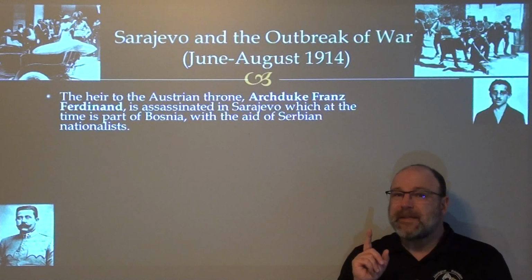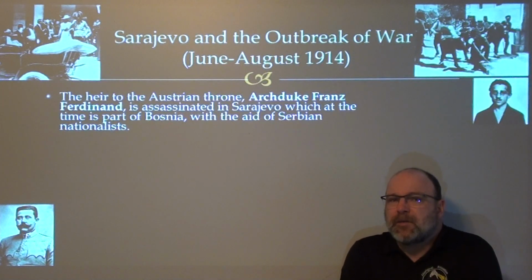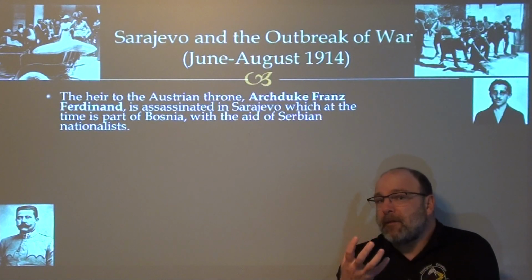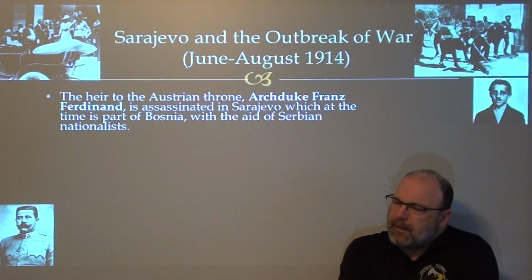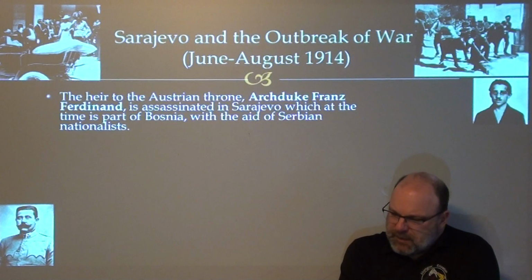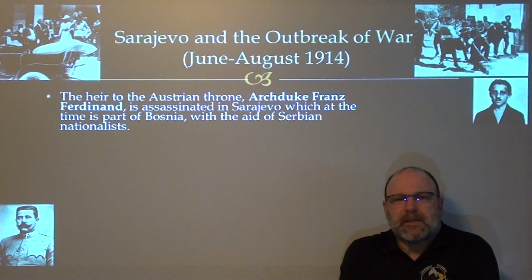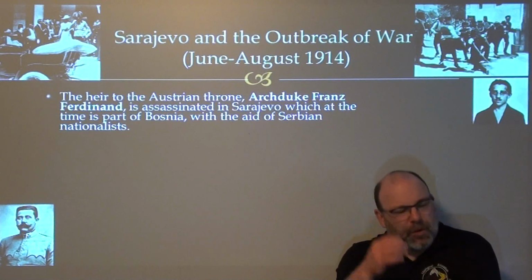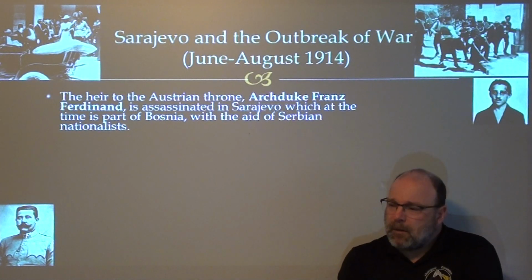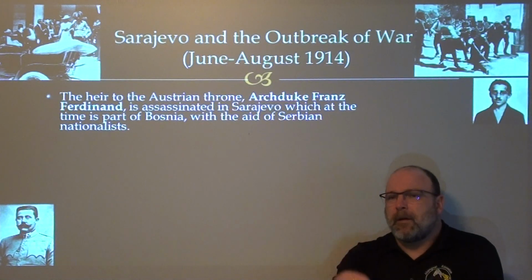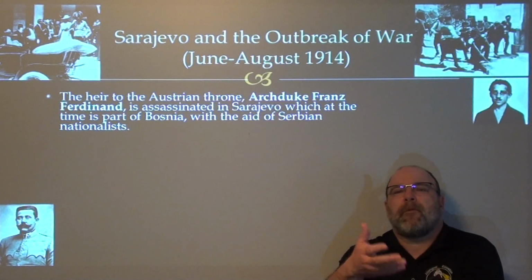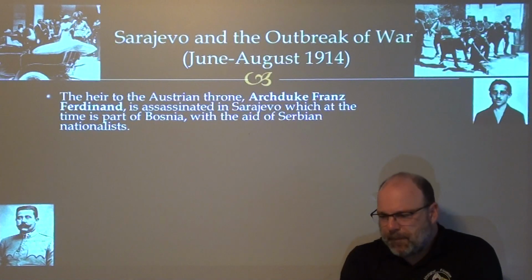Sarajevo was technically within the boundaries of the Austro-Hungarian Empire. So what the Archduke does is he says, let's go extend an olive branch to these uppity Bosnian Serbs by saying, hey, we're your monarch, we love you, we don't want you to go anywhere, I'm going to prove my good faith and come for a visit.